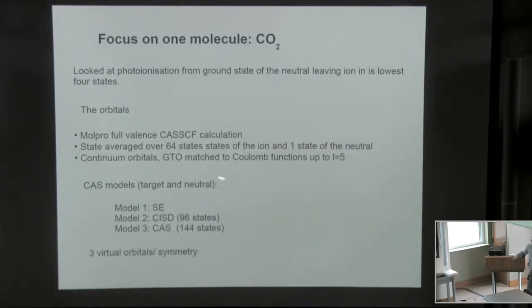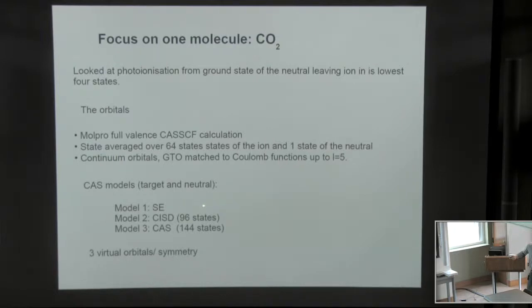And we looked at three different models. This is basically the simplest possible model. It's a static exchange model. Then we also used, this is the largest model, the same active space as the Molpro CASSCF calculation. And then we've just looked at single and double excitations within this active space.